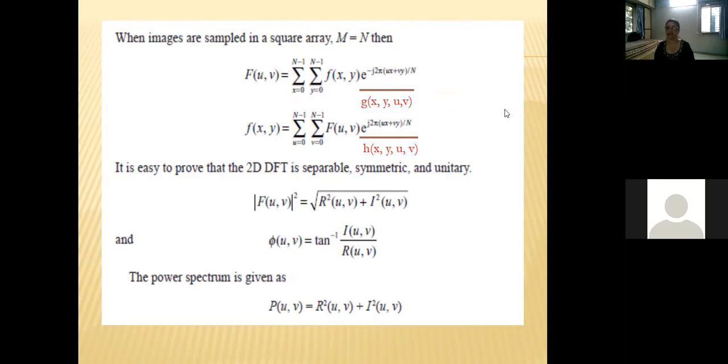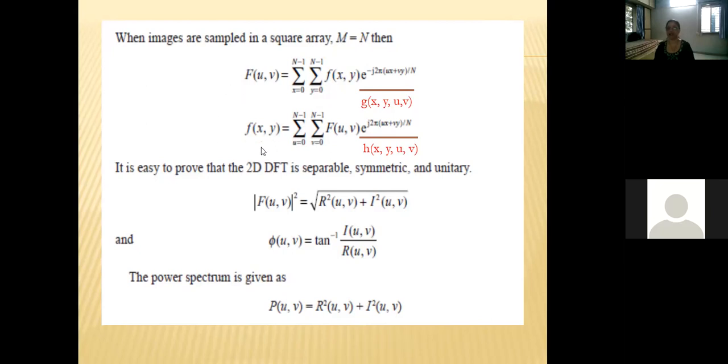Is it clear, Sharad? x and y represent your image plane coordinates, and u and v represent your Fourier domain coordinate values. Okay. So these are your forward transformation equation, and this is the inverse transformation equation for the two-dimensional Fourier transform.